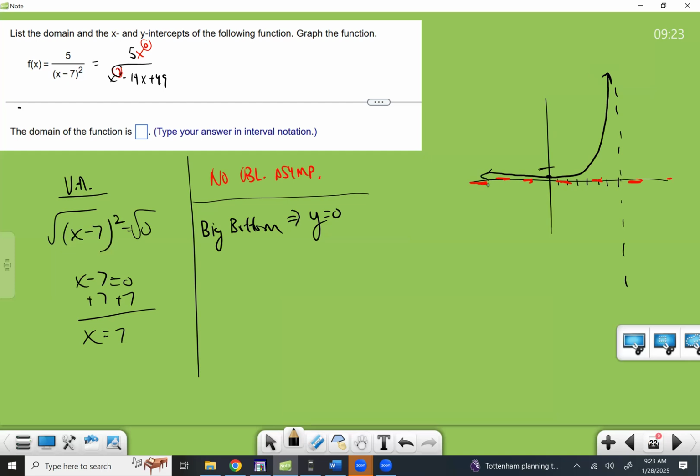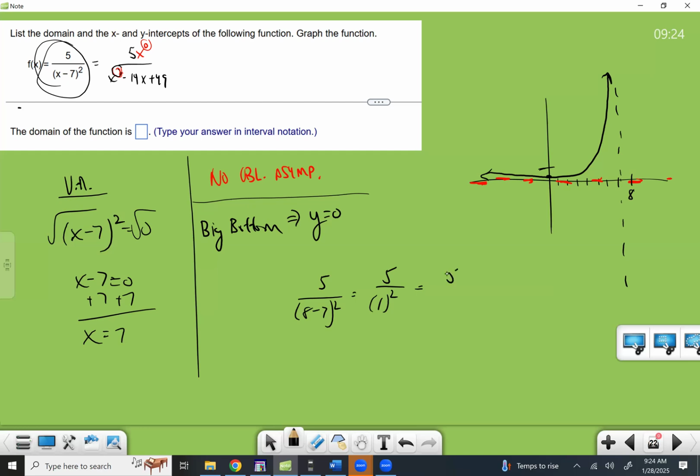Okay. Now we just have to figure out whether we're up here or whether we're down here. So a good number to plug in would be the number 8, since the asymptote's at 7. If we plug an 8 into the original function, we get 1 squared.